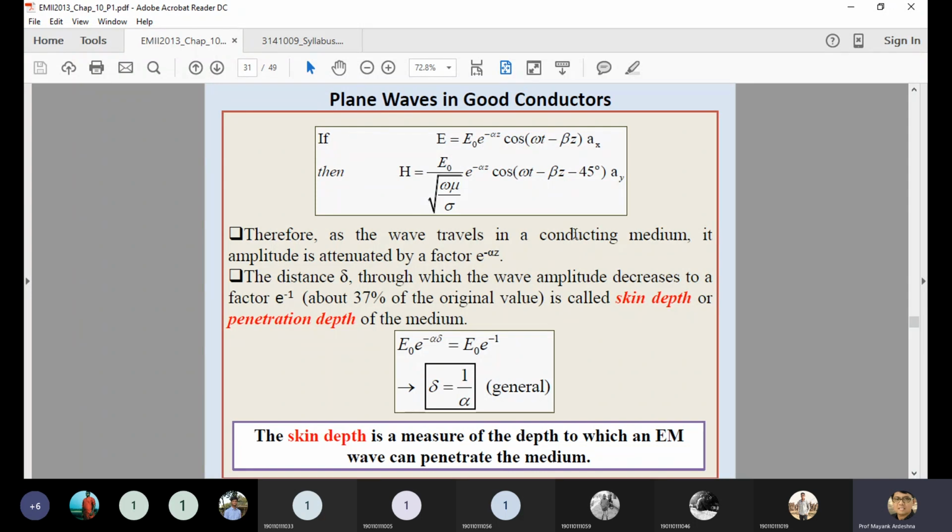The next parameter we will discuss later is related to the skin effect. This is very essential whenever you give current to any particular conductor. The main part is how much current goes inside the diameter of your conductor.